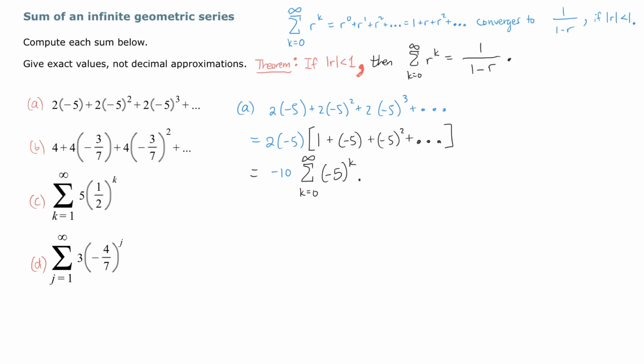And I'm going to put a period there. Since the absolute value of negative 5 is actually equal to 5, which is greater than 1, we could make this conclusion: the sum does not exist.